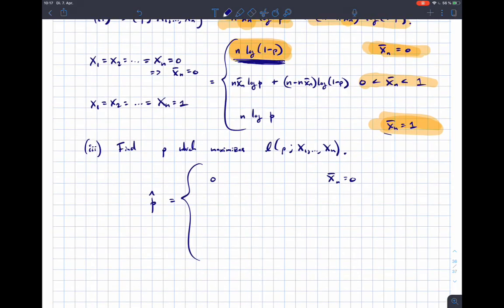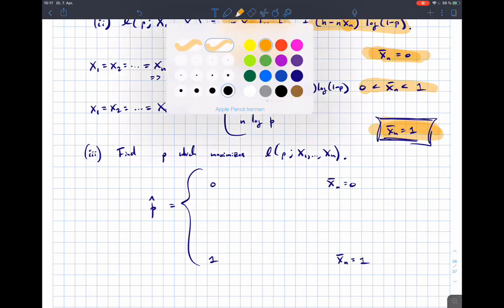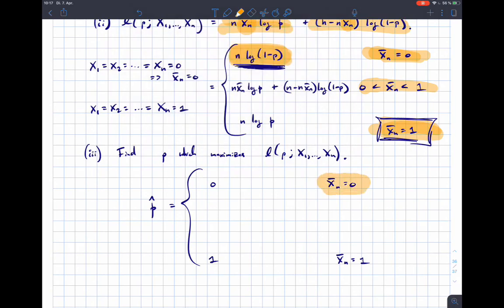In this case, this is an increasing function of p, so I'd want to put in the largest value of p in order to maximize it, so I'd get 1. So if I get all zeros in my data set, the maximum likelihood estimator for p is 0. If I get all ones in my data set, the MLE is 1. What is it in this middle case?